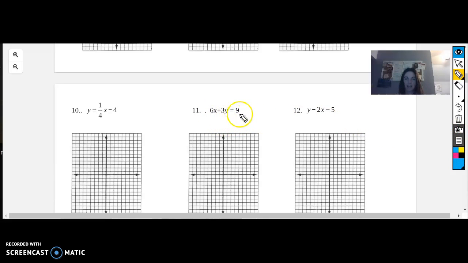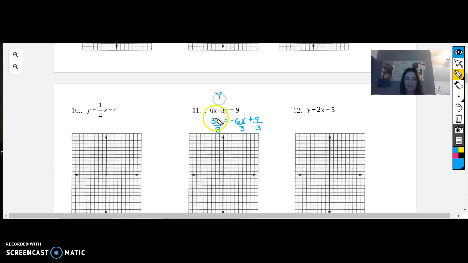So I've got 6x plus 3y equals 9. I'm going to move that 6x over to the right-hand side, and I'm going to say 3y equals minus 6x plus 9. And now I'm going to divide all three quantities by 3 so that I can get the y all by itself.